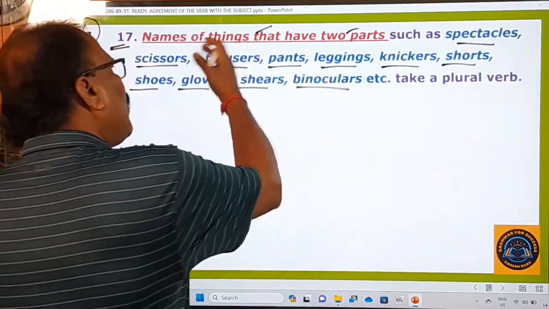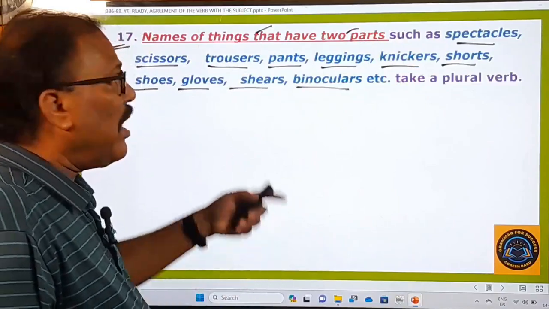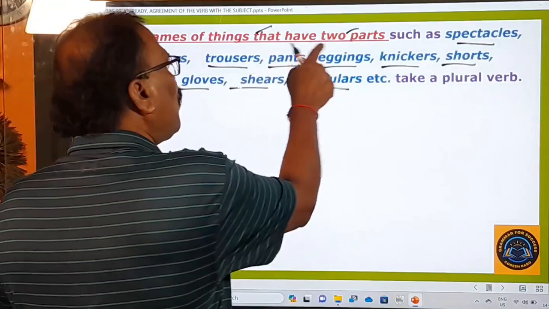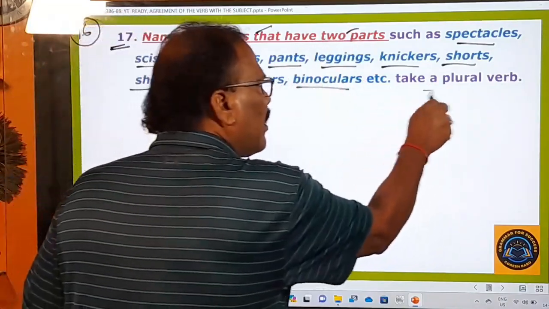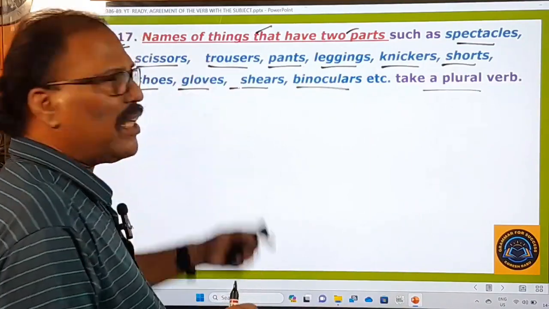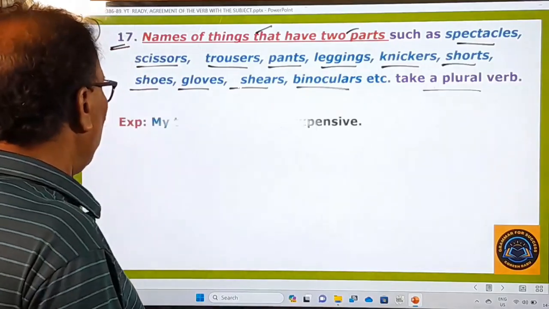So these are all general English words. All of you know pretty well about them. Though they are single items, they have two parts in them, and therefore these nouns take a plural verb after them. This point you have to learn from this slide, and let us take some examples to understand this rule.